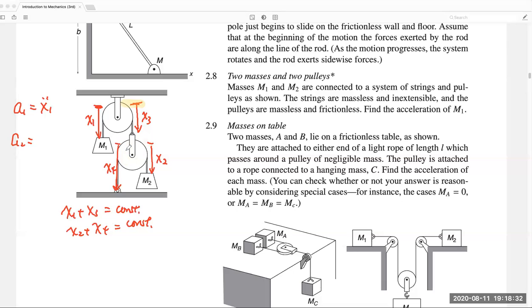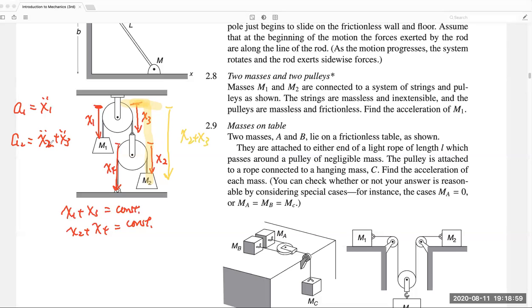Pick the thing on the ground. You measure the position vector of the M2 object from this point to the M2. So then that should be the length x2 plus x3. So that means the acceleration of M2 should be x2 dot dot plus x3 dot dot.